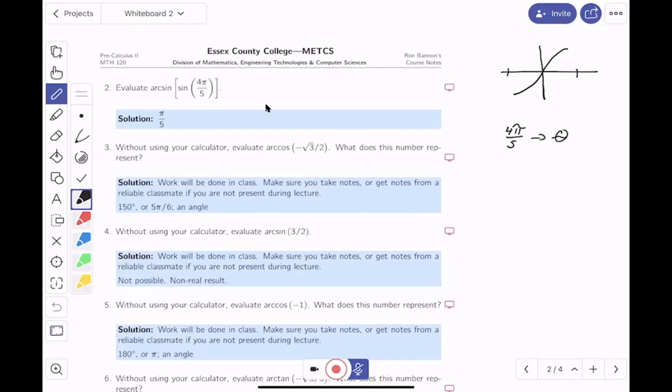And what would that be? Well, I'm going to put this down. It's going to be pi minus 4 pi over 5, which would be pi over 5. That's not so bad. So at least I know the reference angle is pi over 5.